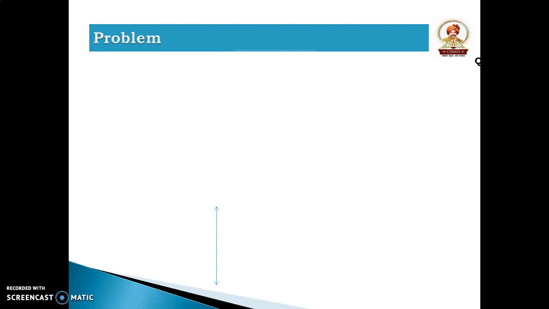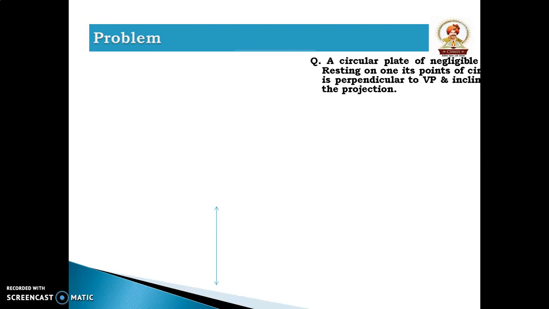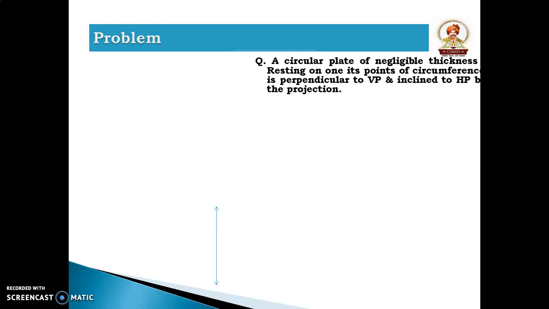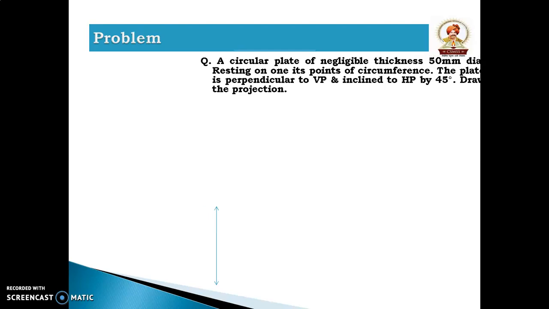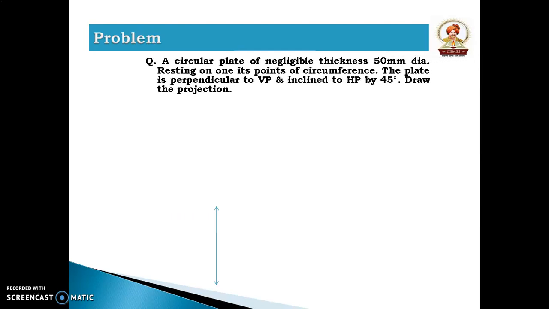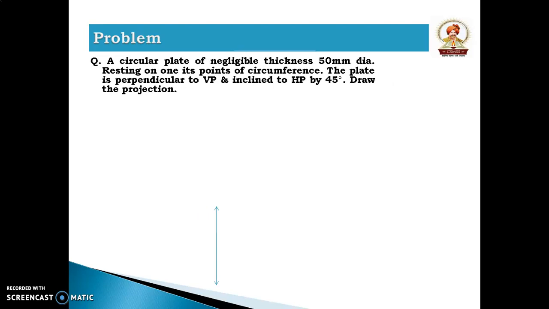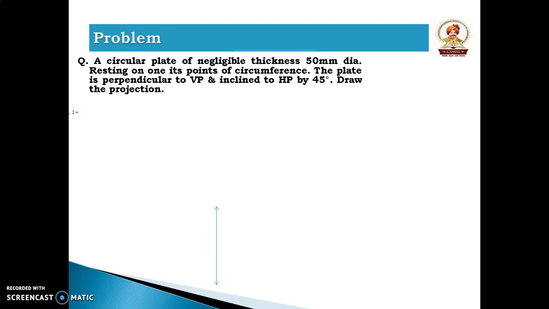Problem number 2. The question is: a circular plate of negligible thickness, 50 mm diameter, is resting on one of its points of the circumference. The plate is perpendicular to VP and inclined to HP by 45 degree.